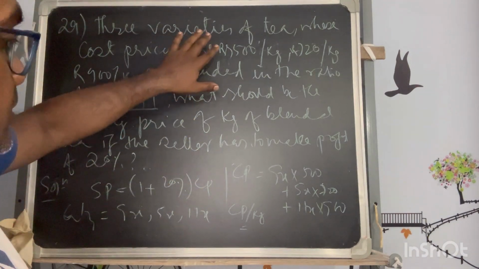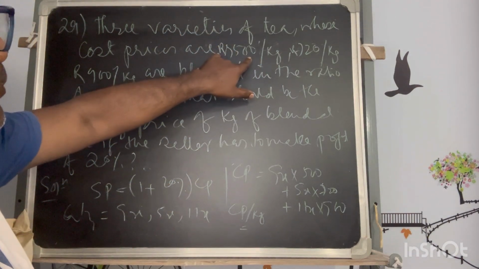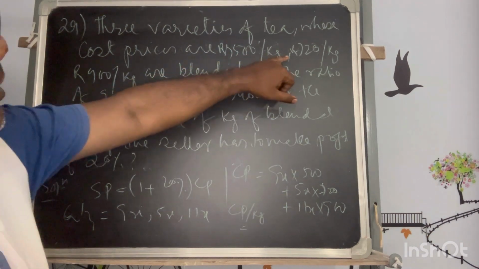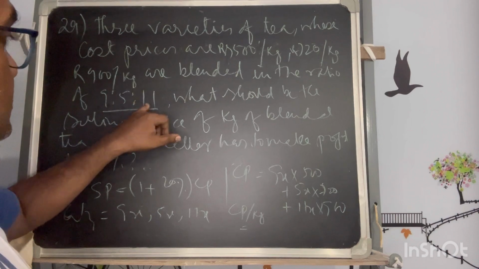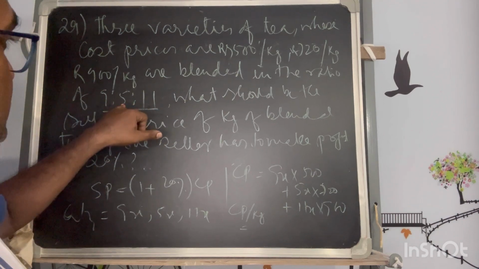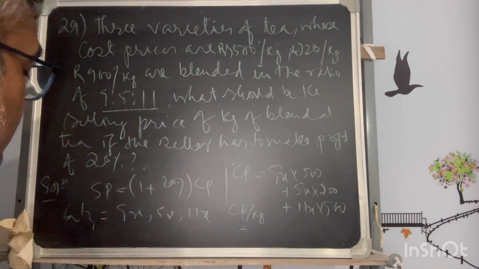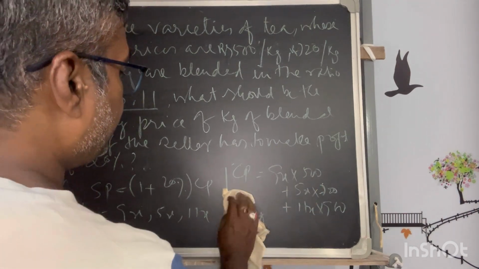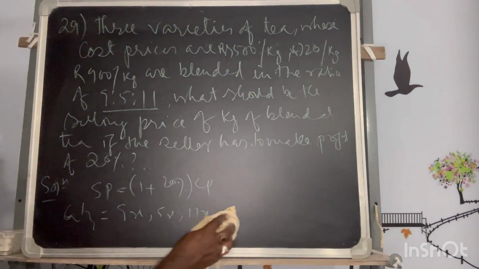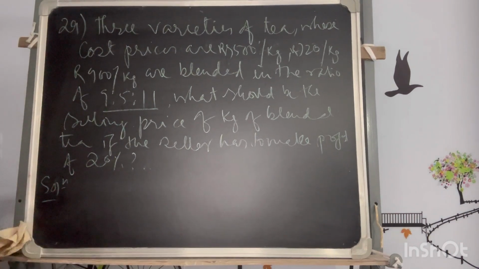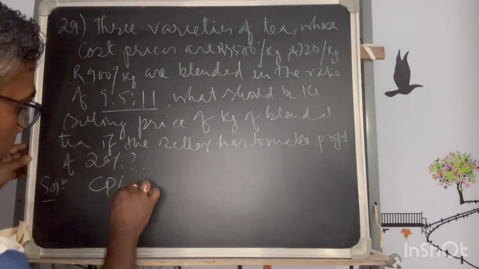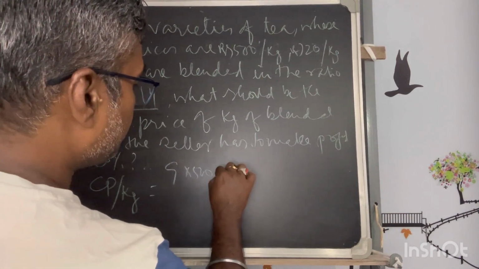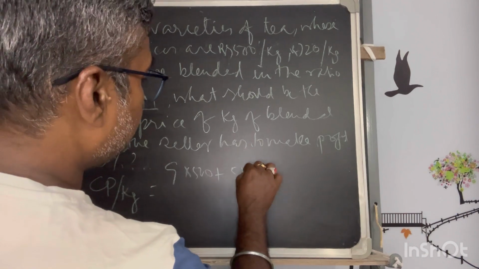So what lesson can we get here? What we are doing is finding the total cost price by this into this, this into this, this into this, divided by this plus this plus this. It will be the same thing. So instead of taking the additional step of getting x as a factor, the cost price per kg will be 9 into 500 plus 5 into 720 plus 11 into 900.